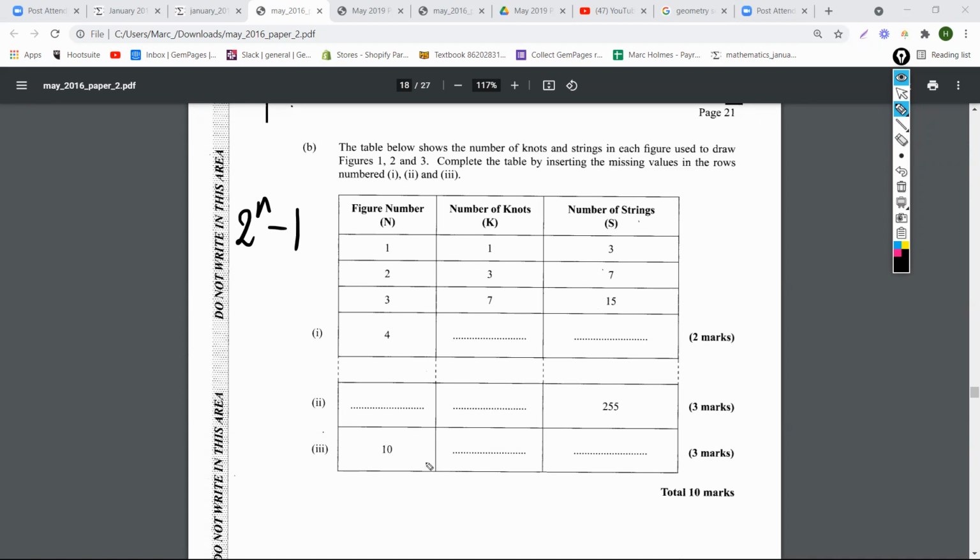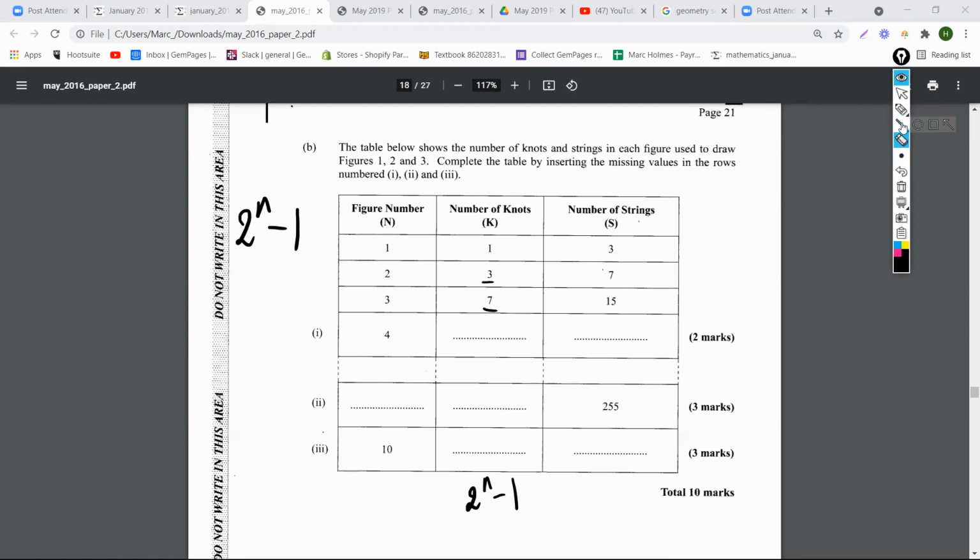For the second one, it's 2 to the n minus 1. It's a weird pattern still. So this would be what? 2 squared minus 1, which gives you the 3. 2 to the 3 minus 1, which gives you the 7. So this would be 2 to the 4 minus 1, which should be 15.